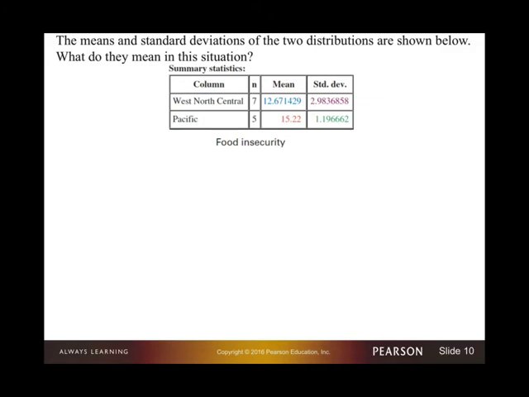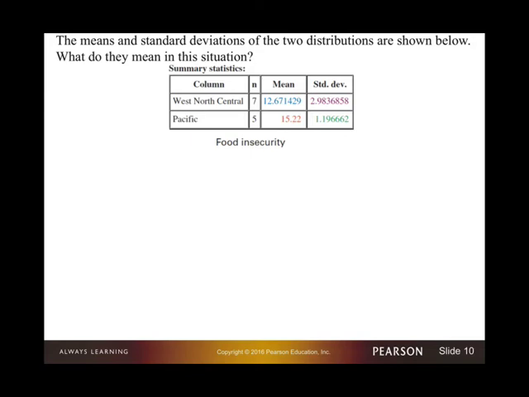What do they mean in this situation? First, look at the mean. For the West North Central states it is 12.67%, and for the Pacific it is 15.22%. So the West North Central states tend to have a lower percentage of households with food insecurity than the Pacific states, because the mean is lower.